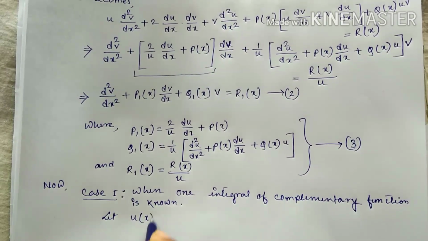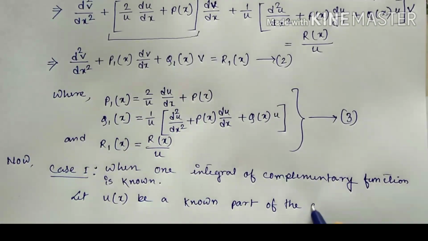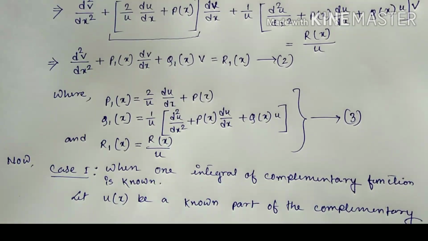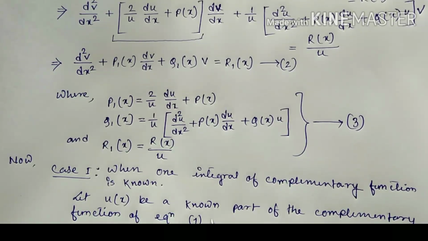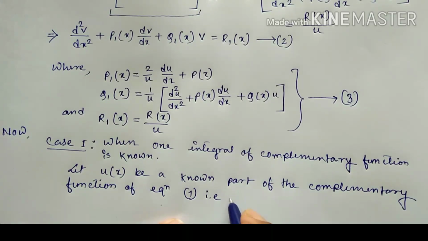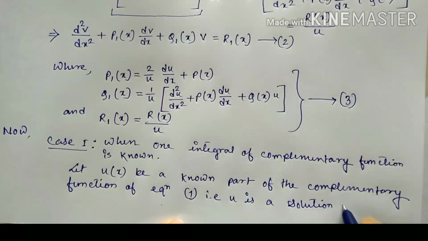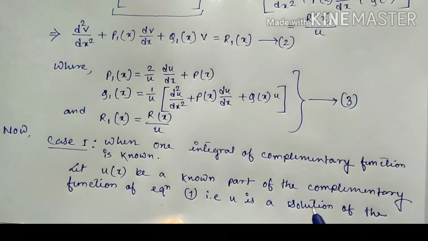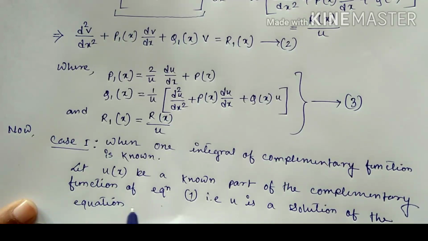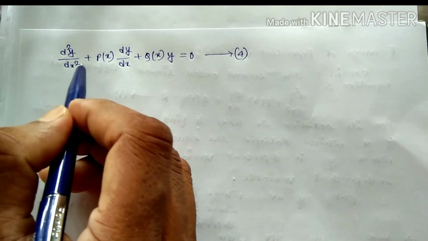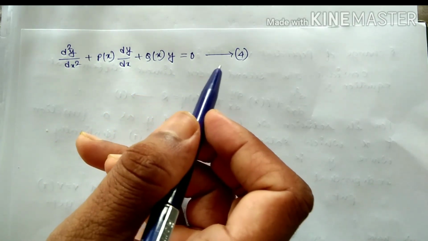Let u of x be a known part of the complementary function of equation 1, that is, u is a solution of the equation d2y upon dx square plus p of x dy upon dx plus q of x y is equal to 0. We denote this equation number 4.